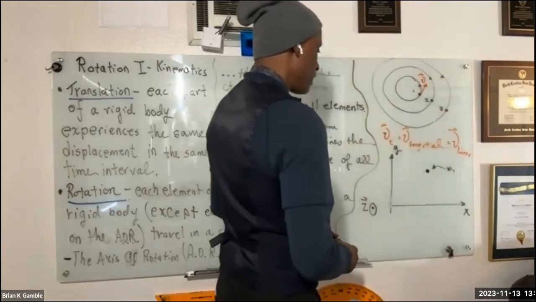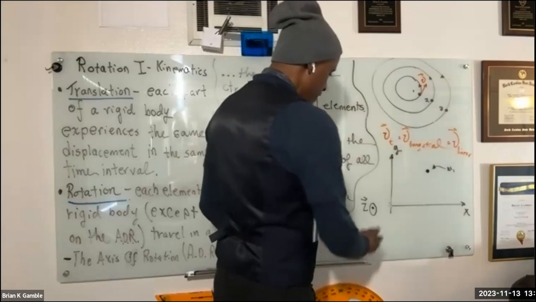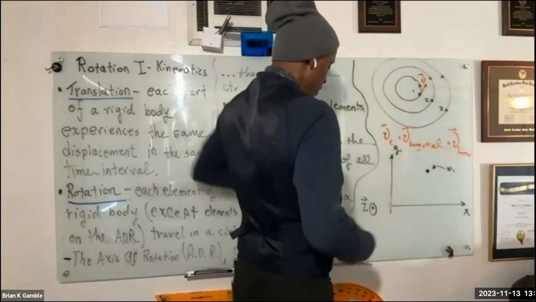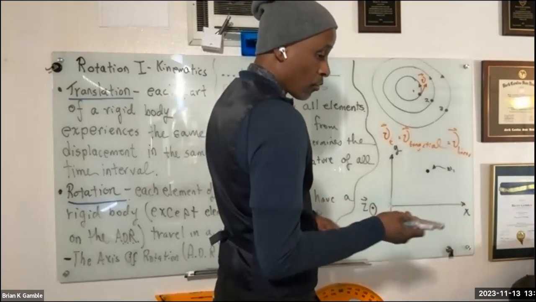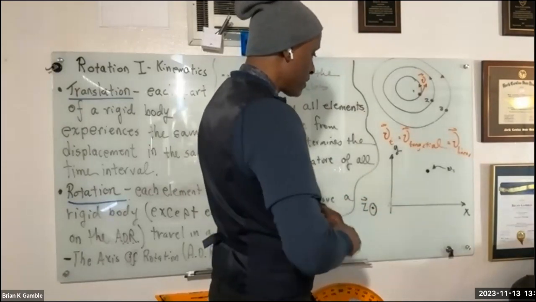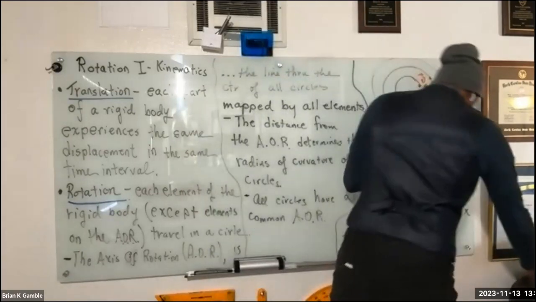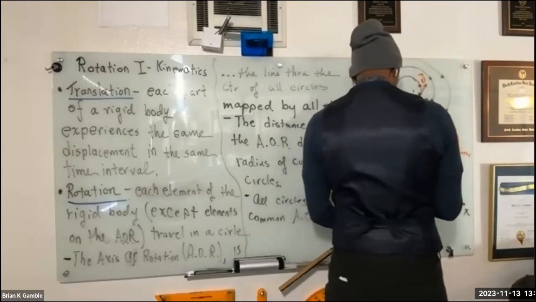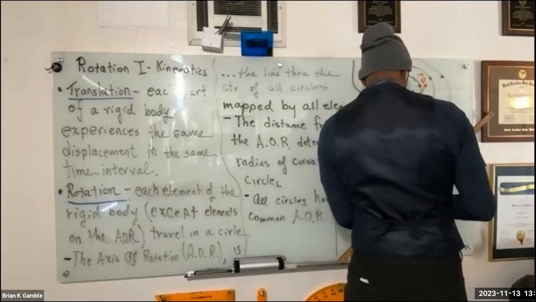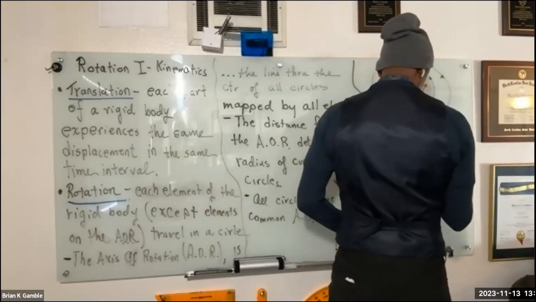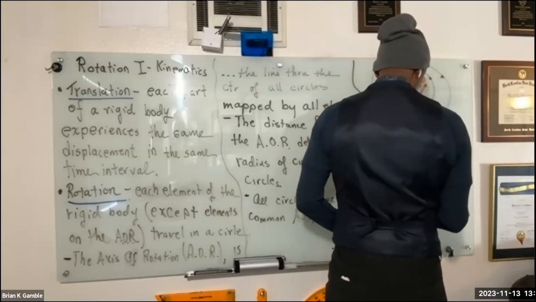Now, the distance that the ruler represents is the radius, what we defined previously as r, the position vector. It points from the origin to the place where the object exists in space. So that's r.